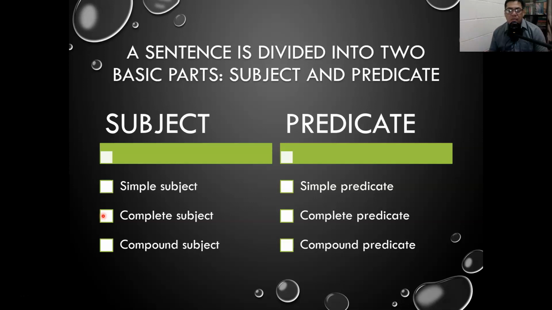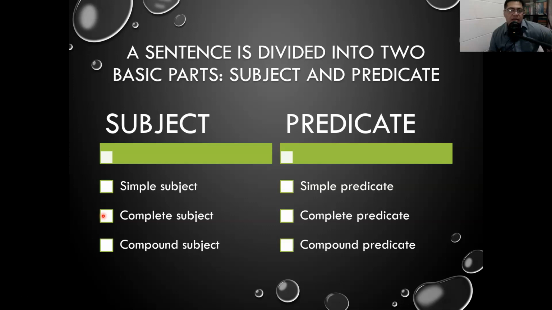That's the compound subject. And this is interesting because I can have two complete subjects, I mean two simple subjects that have modifiers, and I can also have a compound subject. But remember that we are only classifying the simple subject, not the modifiers. So if I have something like, my friend and his sister live in Canada.